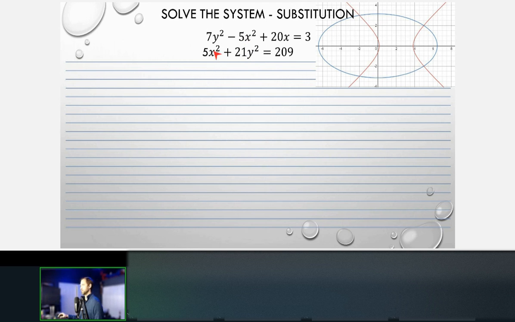Negative 5x squared plus 5x squared cancel out, but we still have this 20x. So we're going to have a y squared, an x term, and a constant. That's a problem. Whenever you use the elimination method, it should eliminate one of the variables altogether, not just part of it. So we couldn't do that. Let's use the substitution method.